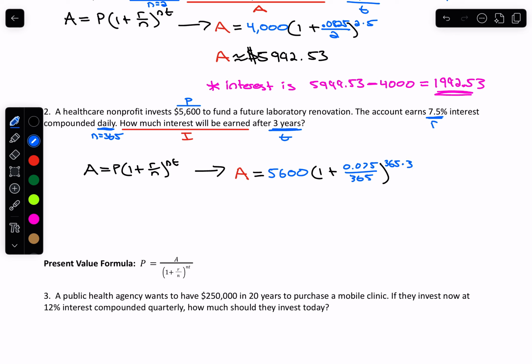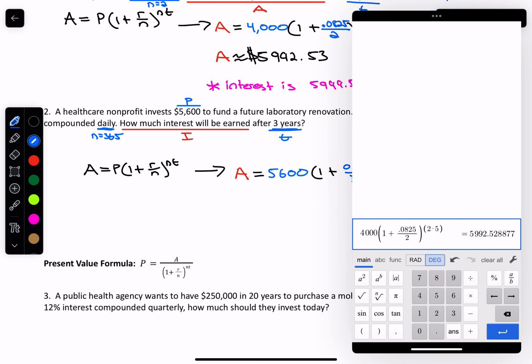All right, we can go ahead and type this all into a calculator to see what we get for A, and then we'll have one step afterward to get the interest. So 5,600 multiplied by 1 plus, make a fraction, 0.075 divided by 365, and raised to the power, where because I'm multiplying up there, I need to use parentheses for my exponent, 365 times 3.